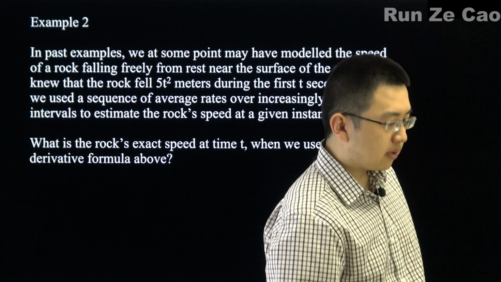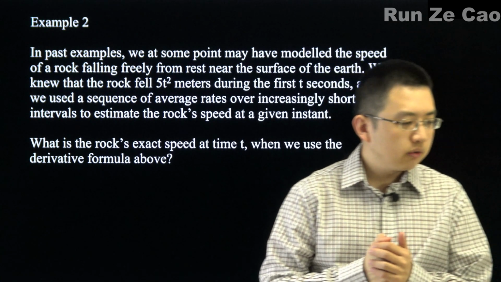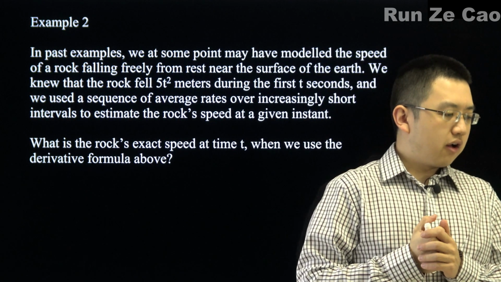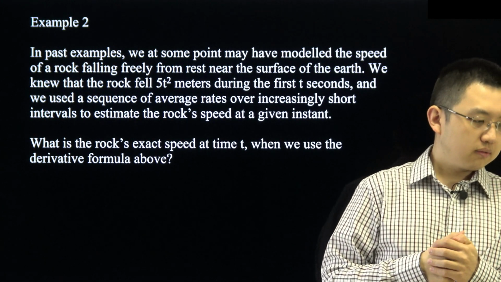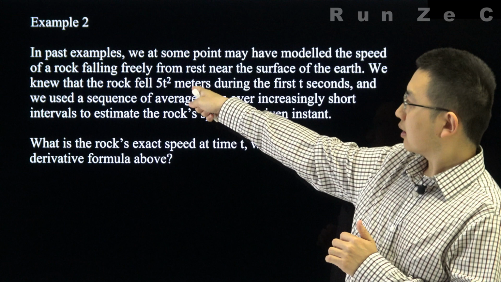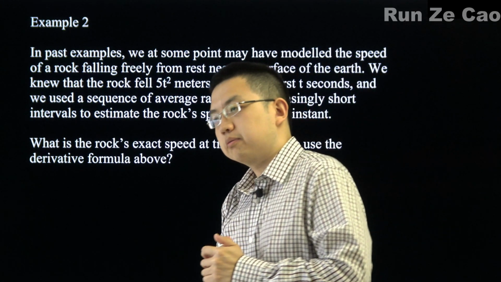In past examples, at some point we might have modeled the speed of a free-falling object from rest near the surface of the Earth. This here, 5t squared, that is an approximation.